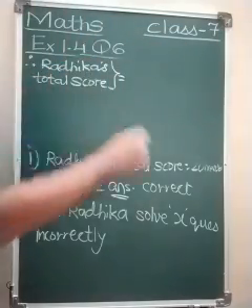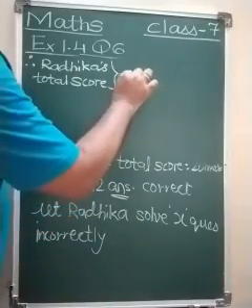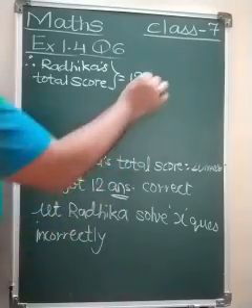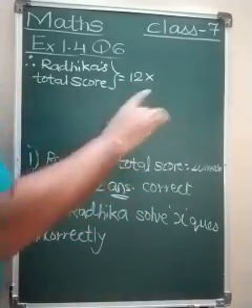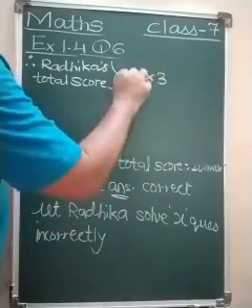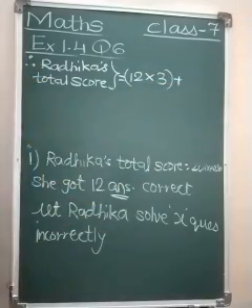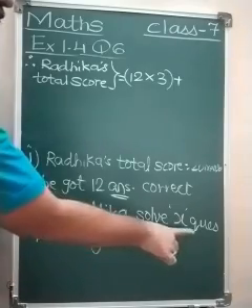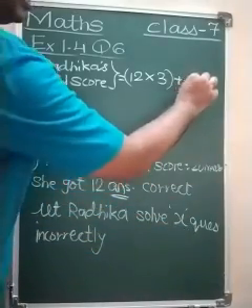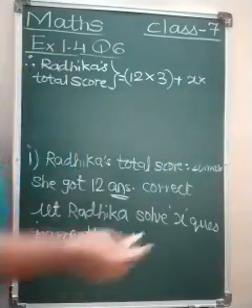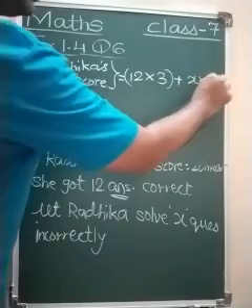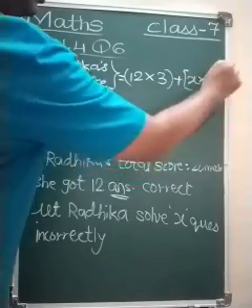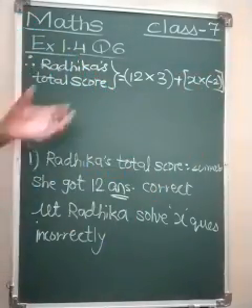So Radhika's total score equals number of questions 12 multiplied by marks for a correct answer 3, plus number of questions incorrectly solved. This we don't know, so we have taken X. So X multiplied by the marks for incorrect answers, which is -2. So this is the equation.